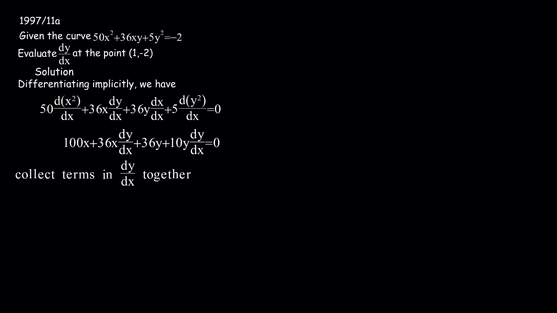Our next step is to collect like terms, or collect the terms in dy over ds together. Doing so, our equation becomes 36s dy over ds plus 10y dy over ds will be equals to minus in bracket 36y plus 100s. Our next step is to factorize our left hand side, that's bringing the dy over ds out.